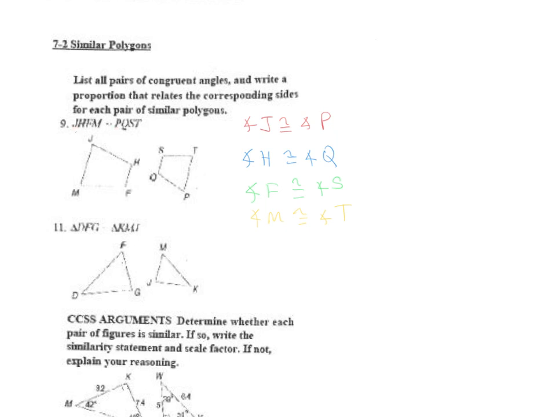I'm going to start here with JH, and so this is going to be my numerator, and so I'm going to say that JH, and then I'm going to come over here, and this would be PQ, and that is going to be equal to, if I go next and say HF, and that would be to QS.